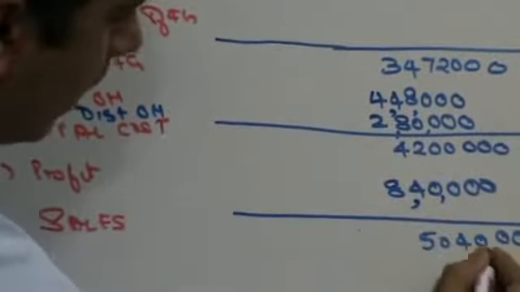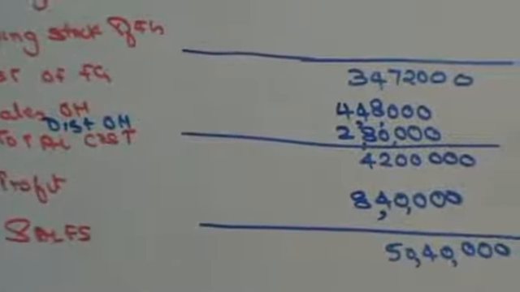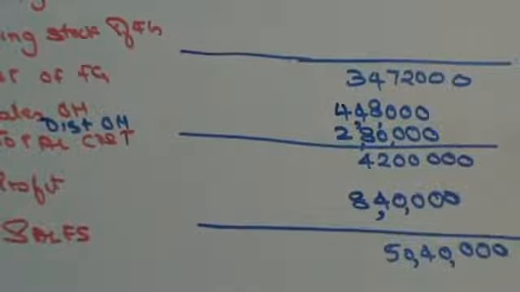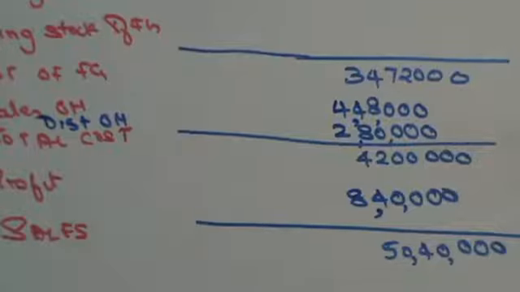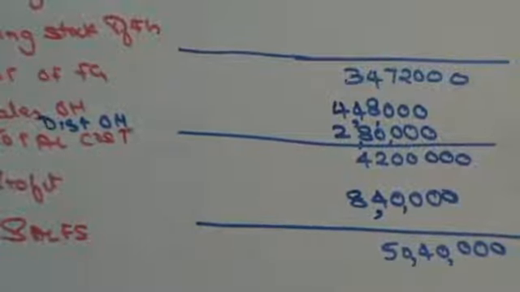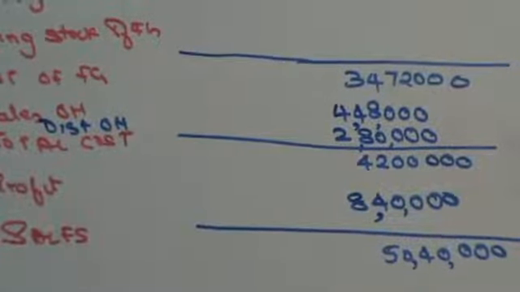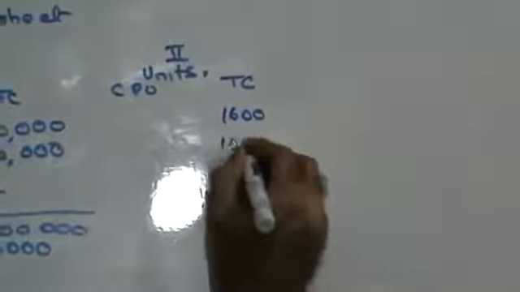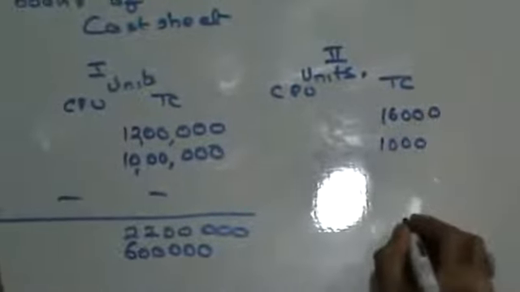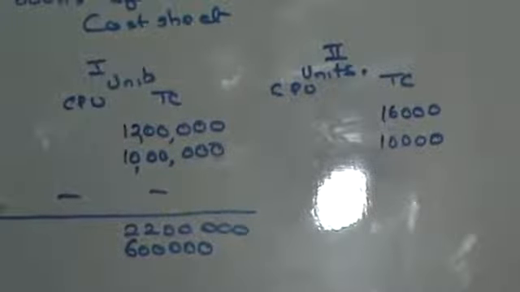Now the unique part about this sum is units is not given to you, and I just explained to you that whenever you are doing a second year data, all your calculations have to be on CPU. Since units is not given, you don't have CPU. Now how do I do the calculation? They've given you material is 16,000 and wages is 10,000.